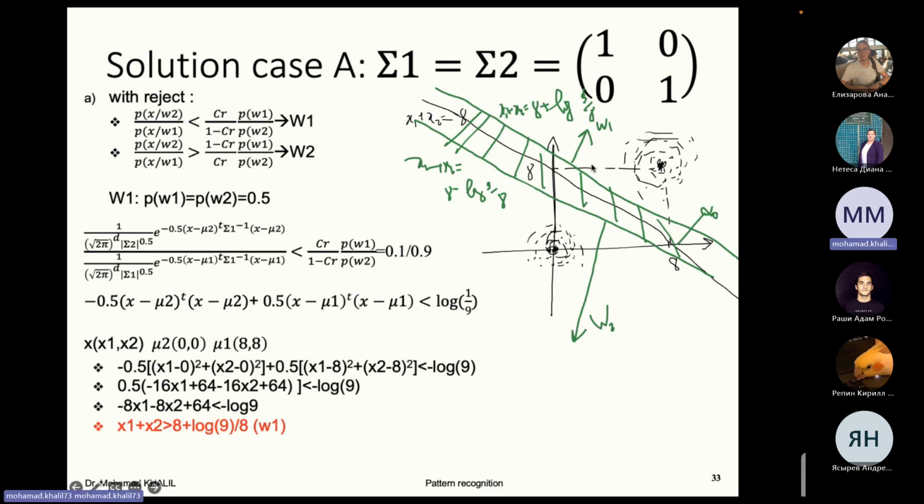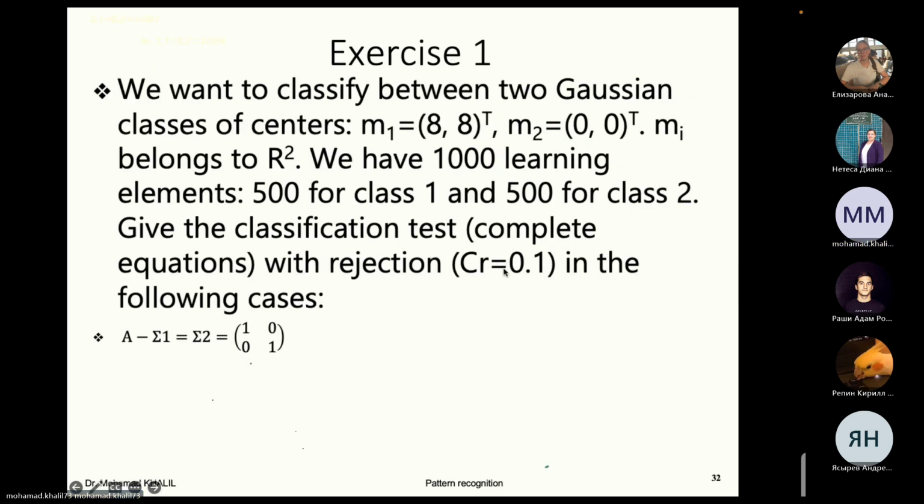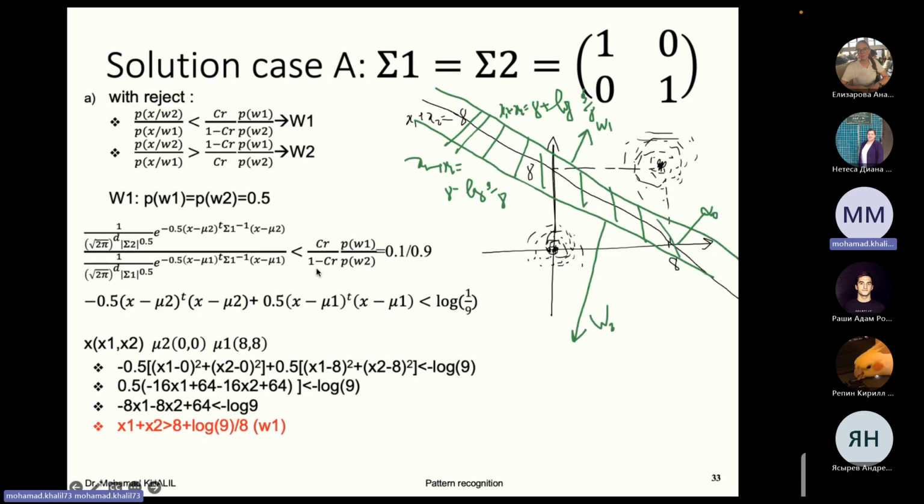So you will have two lines: less than this line is class 1, greater than this line is class 2, and between the two lines you say I don't know. Let's go. P omega 1 equals P omega 2 equals 0.5. What is CR? CR is 0.1, so here you have 0.1 over 0.9. If it is less than this, class 1.